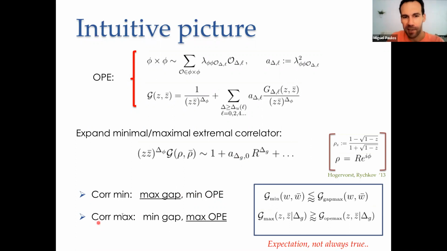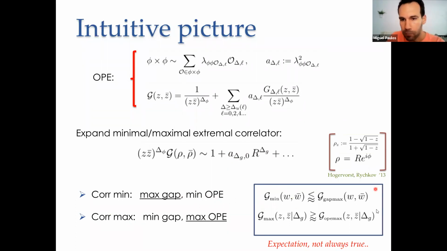Conversely, if we want to maximize the correlator, then we want this gap to be as small as possible, and then we will want to maximize its OPE coefficient. So this is the rough intuition. To minimize, you want to increase the gap, and to maximize, you want to lower the gap. Minimizing correlators will have large gaps, and maximizing correlators will have small gaps.